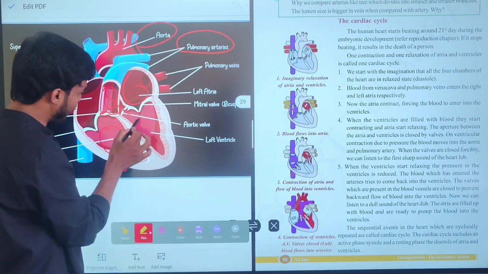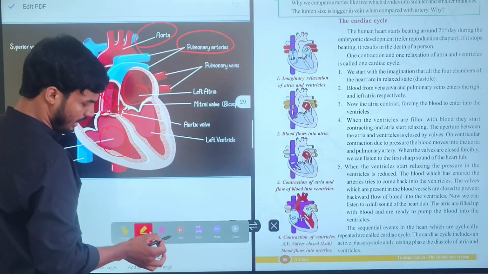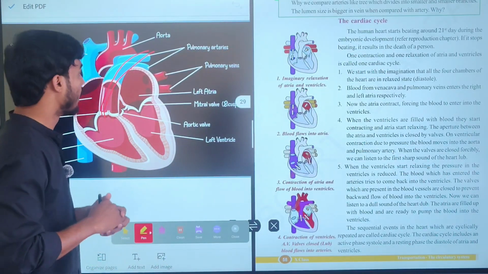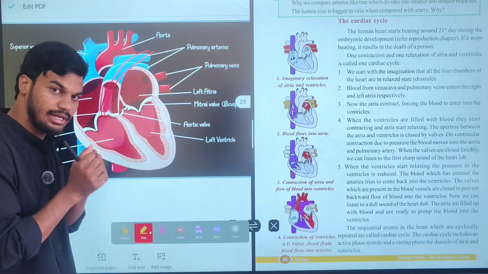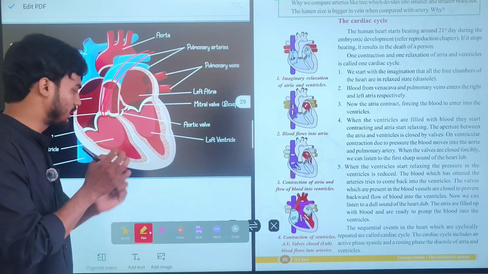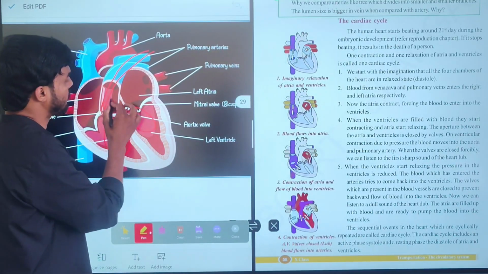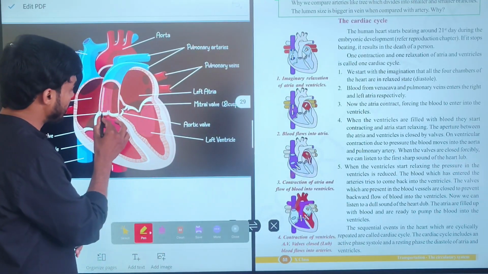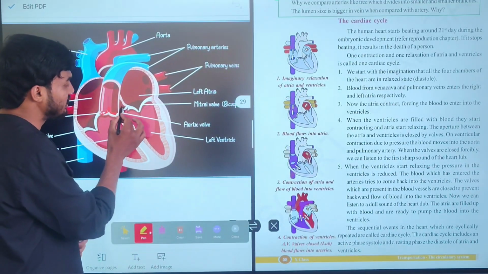From here it enters the aorta, and from this region it enters the pulmonary arteries. Clear? After entering, what happens?